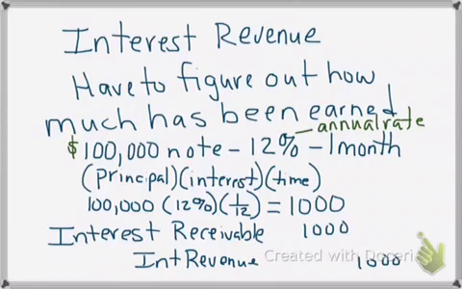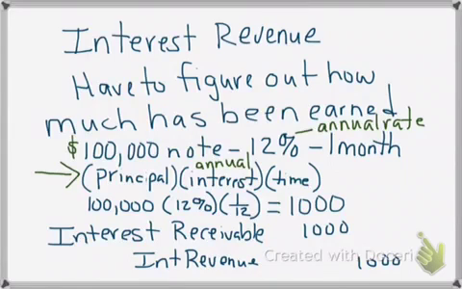And, again, we just want 1 month. So the formula that we would use is we would take the principal amount, multiply it by that annual interest rate, and then multiply that by the amount of time we're looking at.